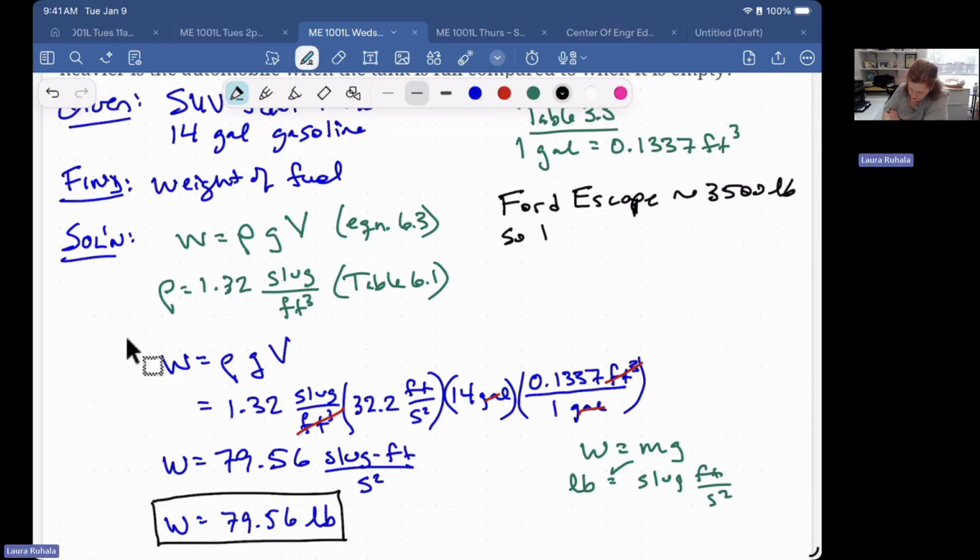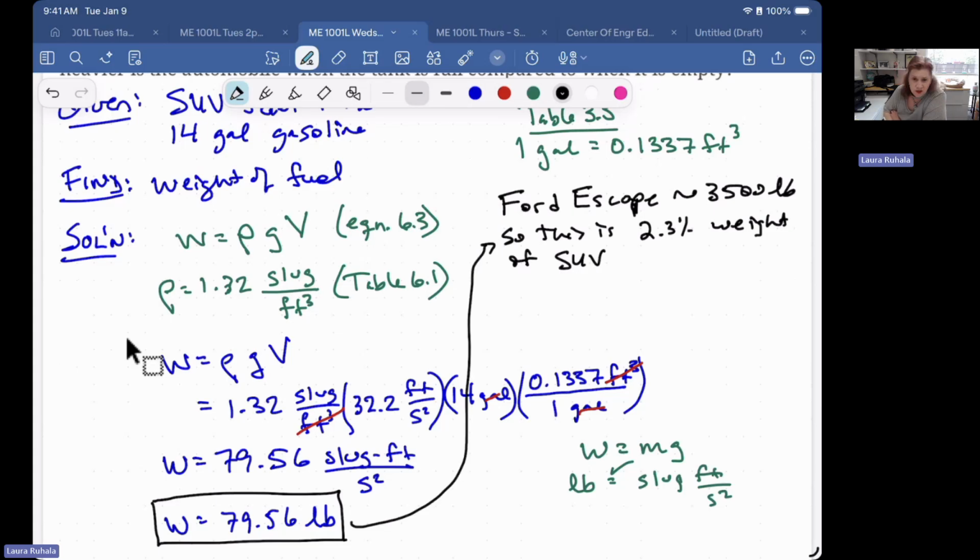So this is 2.3% of the weight of the SUV. So this is just 2.3%. So the impact on performance will be negligible.